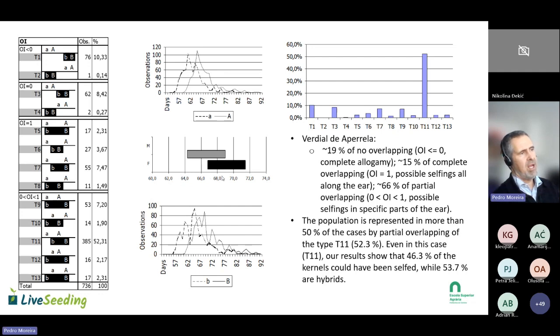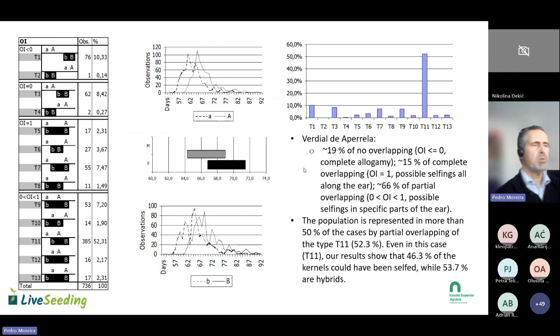We have some allogamy and autogamy until the 69, and then there's pollen from the other plants. This indicates that we have the distribution of the several cases in our plants.